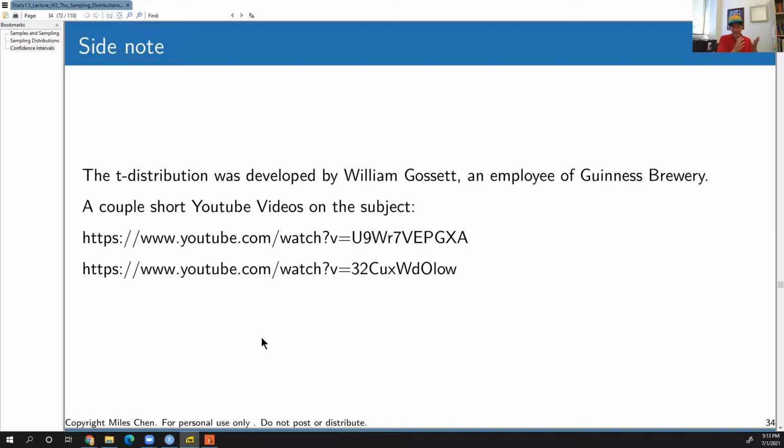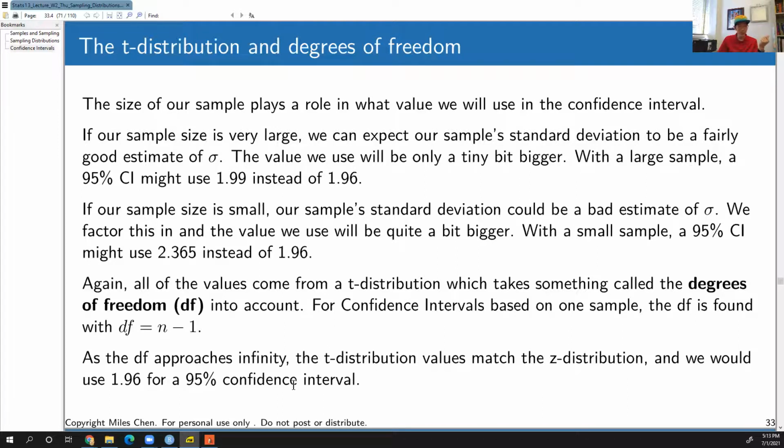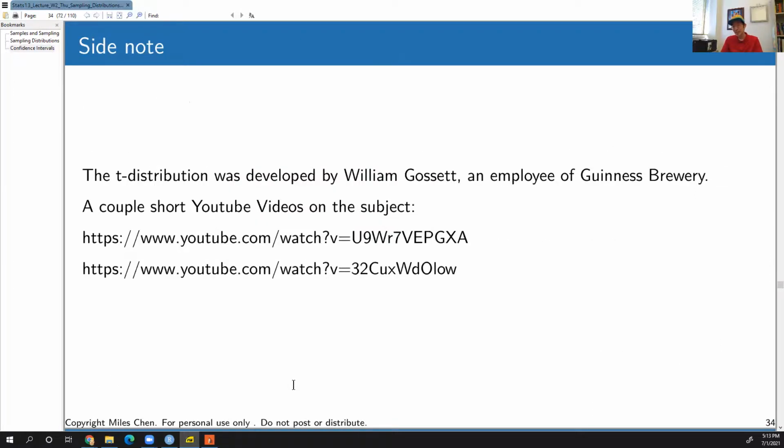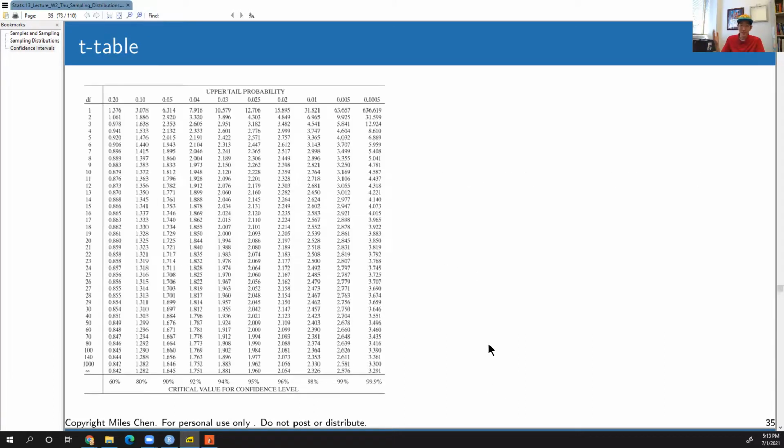So he went back and studied it, and he realized the problem was he was using the normal distribution. He realized he had to use something other than the normal distribution, and he developed the t distribution. Anyway, interesting story. You can watch YouTube videos about it, and you can read up on Wikipedia and things like that.